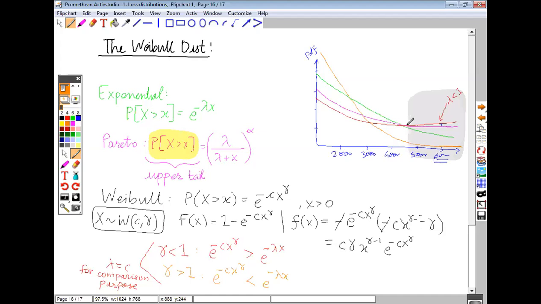So let us say you don't fit this Weibull distribution. Let us say you are not even aware that this kind of distribution exists, and you only have Pareto and exponential with you. If you fit the data set, you are most likely to fit the Pareto distribution. And even though you don't see quite a bit of a difference here, you are essentially underestimating the chance that a loss of 6,000 million could happen. And that you don't want to do.